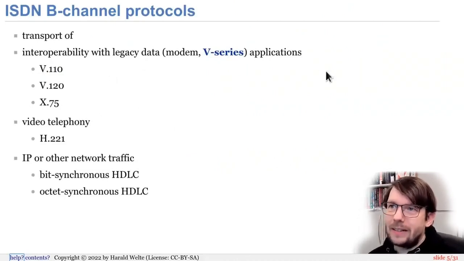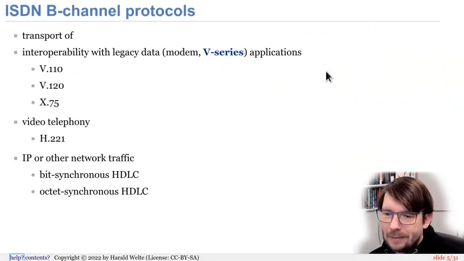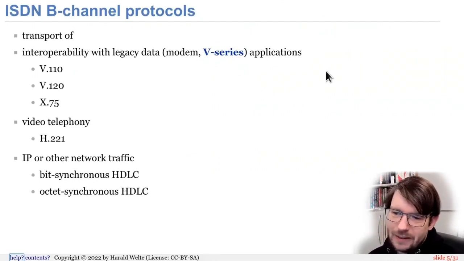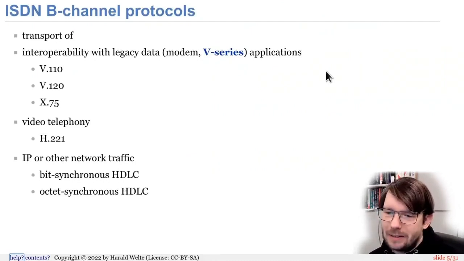That's because classic modem systems were described in ITU V-series specifications, like V.32 and so on. These existing systems knew how to talk to modems, and ISDN needed to replicate that in some way. For this, there are basically three popular standards, or they were popular, let's say: V.110, V.120, and X.75. We will look at those.